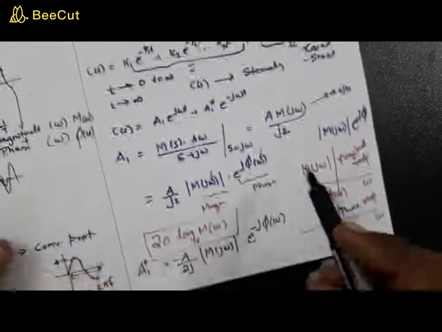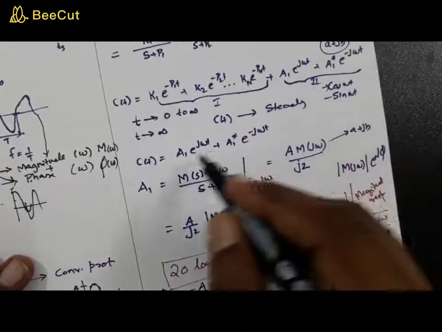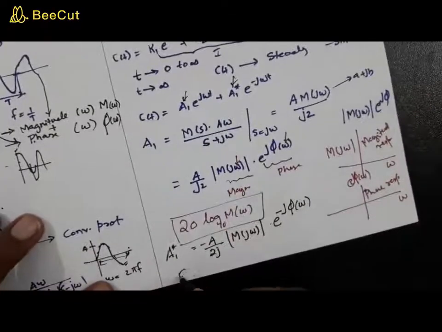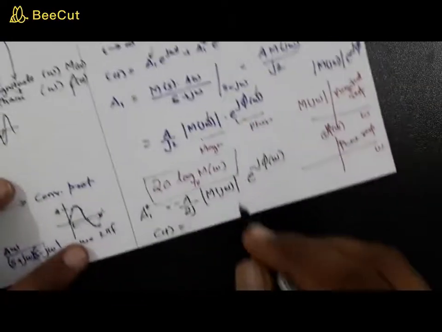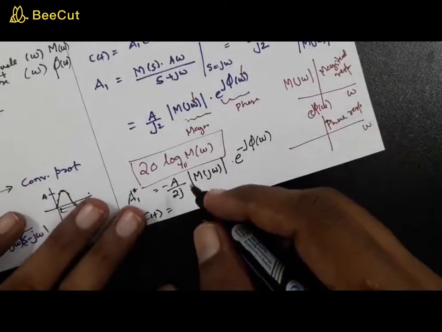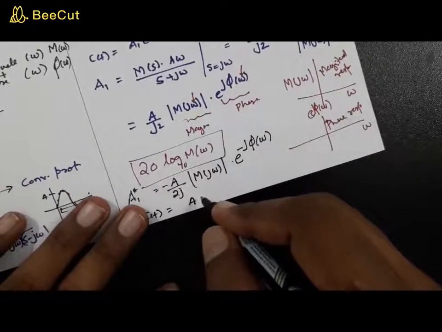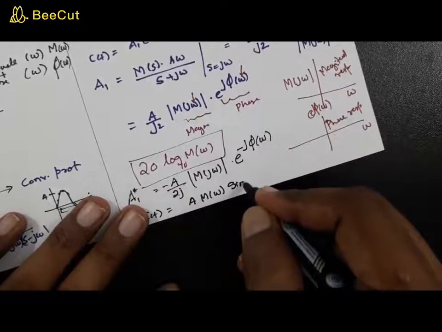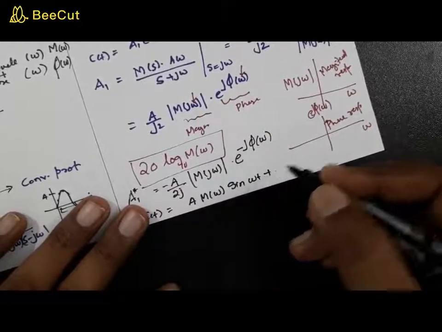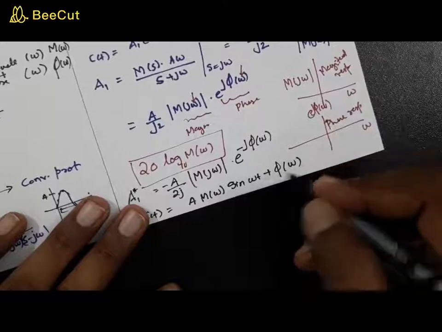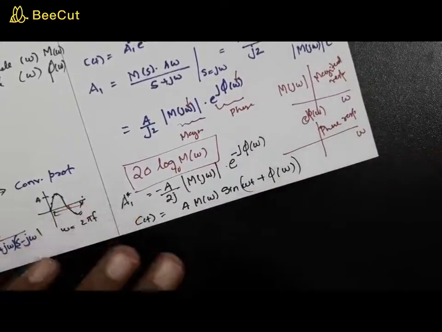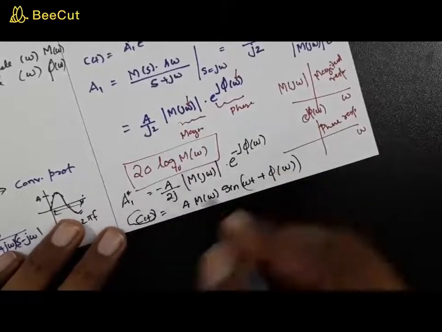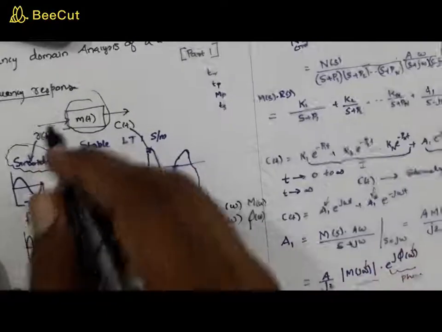Now you can use this expression again. Substituting this in a1 and a1 star, you can finally arrive at c of t equal to A into M of omega into sine of omega t plus phi of omega. I'm not going to do the derivation of this. Look at this, this is the output response when you give a sinusoidal input.